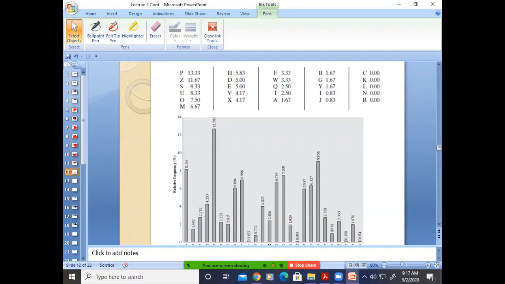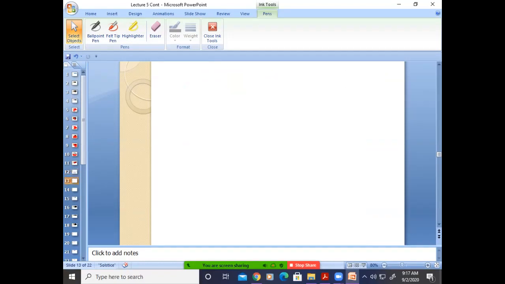When we compare with this, P and Z are either T or E, yes or no? P may be E or Z may be T, because these two are coming more frequently in general English. Getting my point here? This is how to decode the messages.